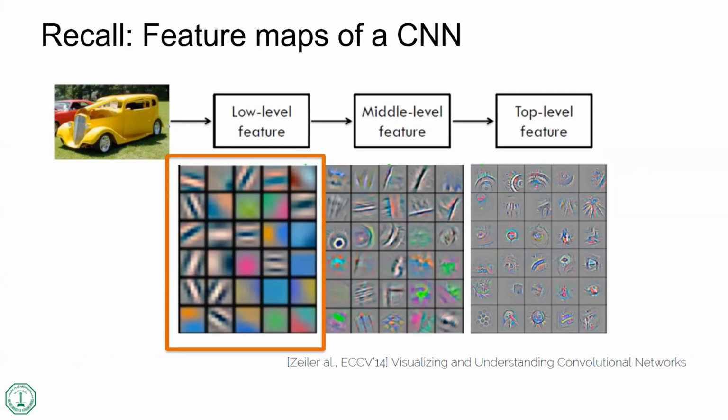So maybe a cat has 1% of this, 2% of that, 5% of this, plus 6% of that. These are the weights. You combine these features, you add them, and you get a cat. This is the idea of the classification. What's inside the neural network is not parts of cats and dogs, although we hope so.